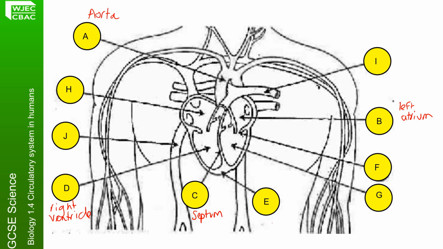E is the cardiac wall, or just wall of the heart muscle. F is our valve, and if you can identify which valve, if you've got bicuspid, absolutely superb, means you've understood. G is our left ventricle.